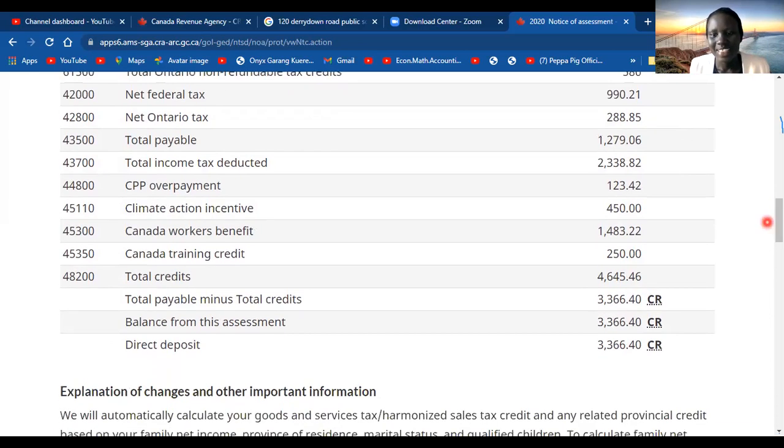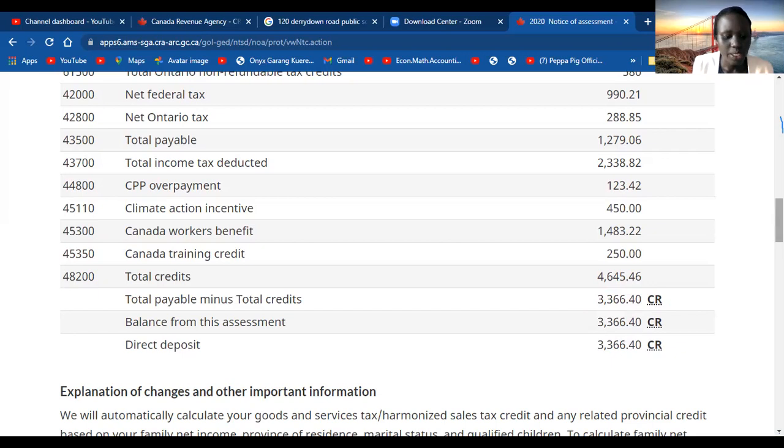But after that, they could now see that I will get a credit of 3,366.40. This is how they got that refund that they sent to my account when I filed my tax, the first deposit.